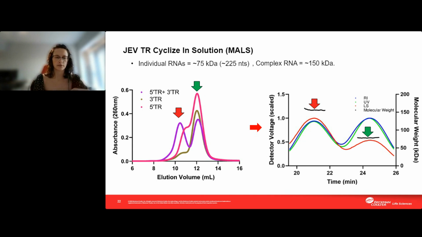SEC plots of the individual RNAs, you see that they both have a slight shoulder peak at approximately 10 to 11 milliliters. And this showed that these RNAs did form homodimers with themselves. The homodimer would also then have the same molecular weight as the heterodimer.